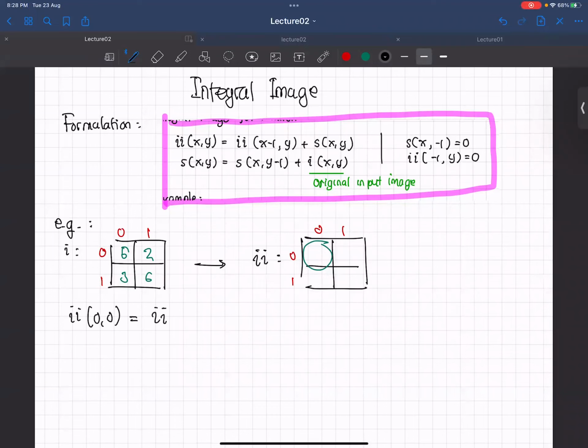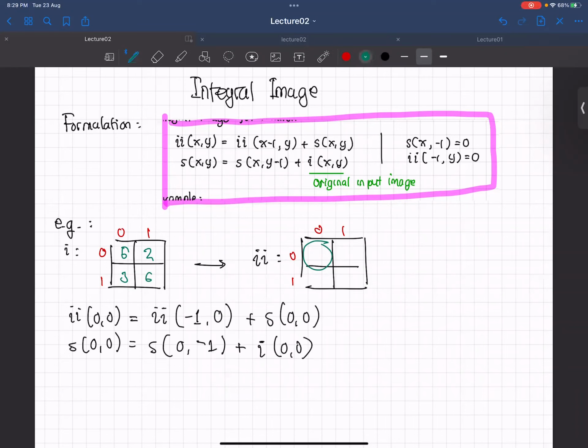According to the formulation, II(0, 0) equals II(-1, 0) plus S(0, 0), correct? And S(0, 0) equals S(0, -1) plus I(0, 0).